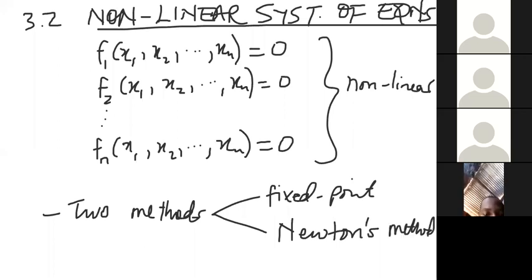So these are the two methods that we're going to look at. They will be more like generalizations of the one variable case that you considered. So we'll look at a situation where we have n variables and n equations, and see how we can solve that. So straight away, let's look at the first method, the fixed point method.